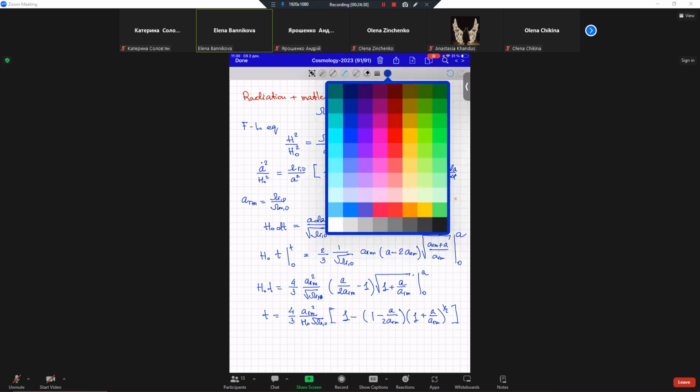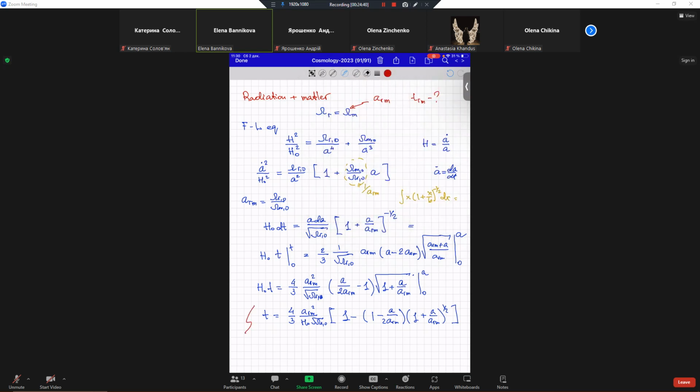So this is the final expression for the time, expressed through the scale factor, for the stage of radiation plus matter.